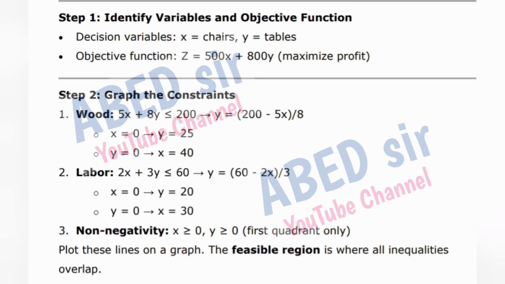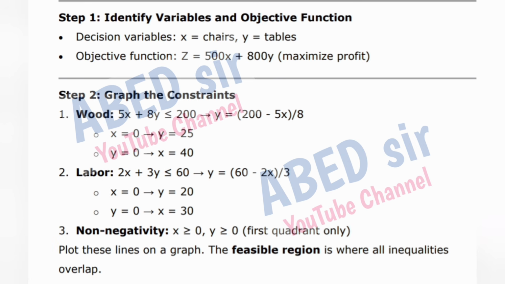Step 1. Identify variables and objective function. Decision variables: x equals chairs, y equals tables. Objective function: Z = 500x + 800y, maximize profit. Step 2. Graph the constraints. 1. Wood: 5x + 8y ≤ 200. If x = 0, y = 25. If y = 0, x = 40. 2.